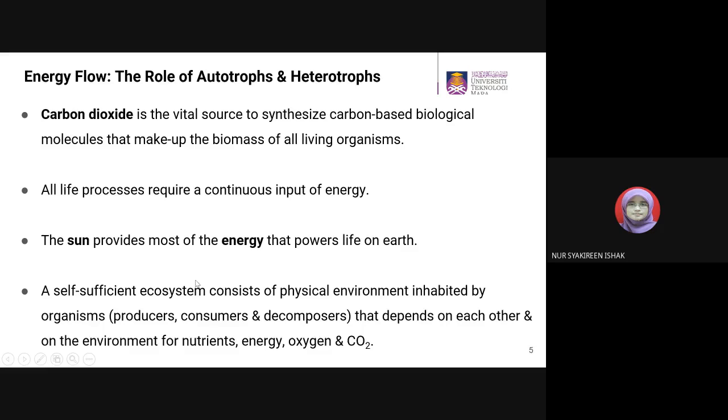Okay, so a self-sufficient ecosystem consists of physical environment inhabited by organism, producers, consumers, decomposers that depends on each other, and the environment for nutrients, energy, oxygen, and carbon dioxide.